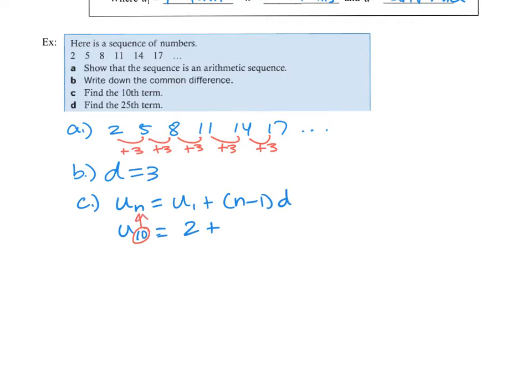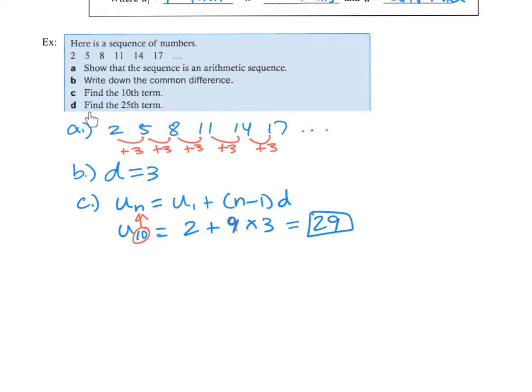So when I take n minus 1, that would be 10 minus 1, which gives us 9. So we just need to take 9 times the common difference of 3, and then do that arithmetic. You can either do it by hand or on a calculator, but you'd get 29. So 29 is the 10th term.